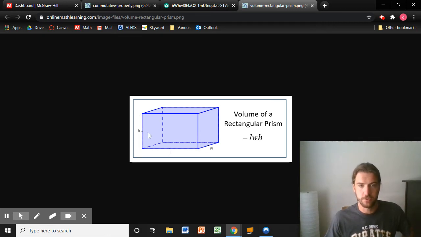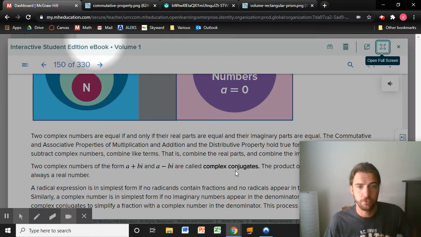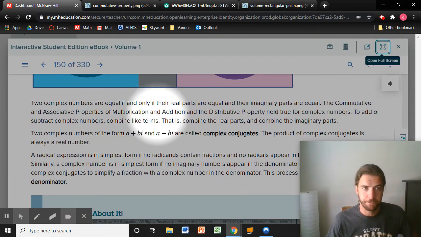But you could just as easily do the height times the length first, then times the width, or the width times the height first, and then times the length. Doesn't matter what order. So these properties, that it doesn't matter what order you multiply, and that we can flip these equations over and they still mean the same thing, are still true for complex numbers. That's what this first paragraph is telling us.